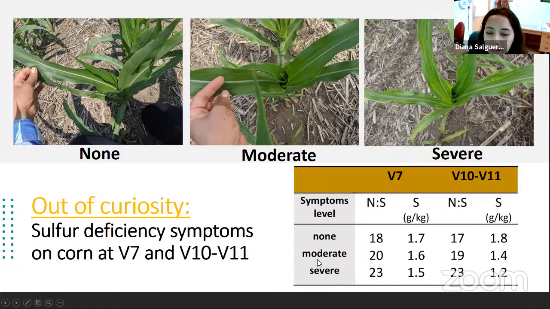Then in the plants that had moderate and severe symptoms, indeed, this nitrogen to sulfur ratio was higher than the critical value. So we just proved what we expected to see based on these results. And similar results were found when we sampled at B10 to B11 stage.